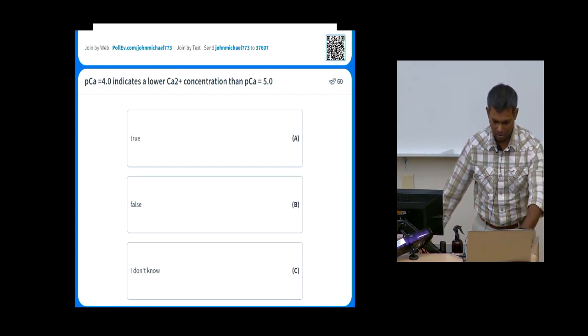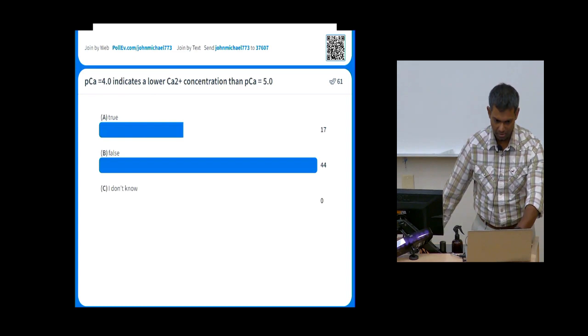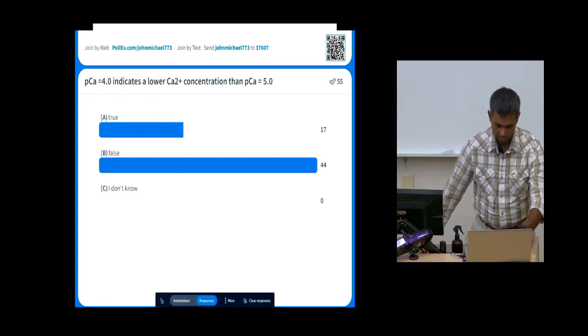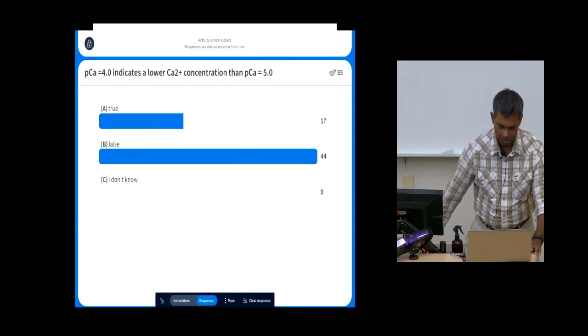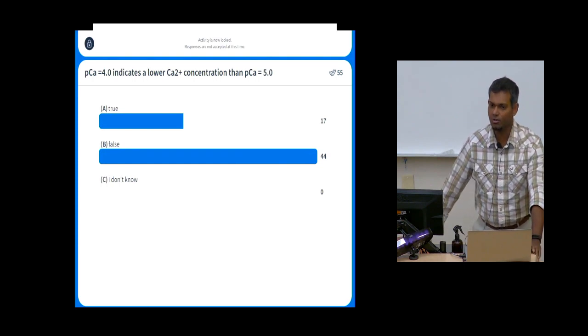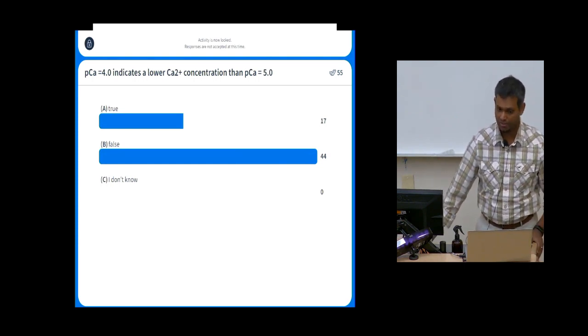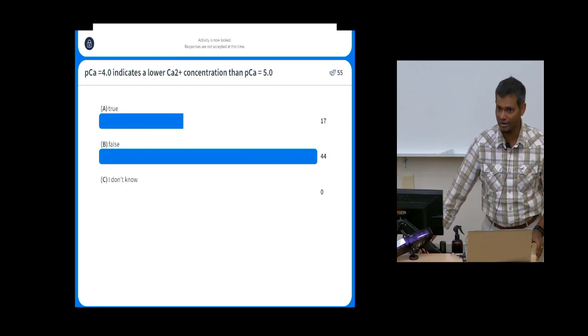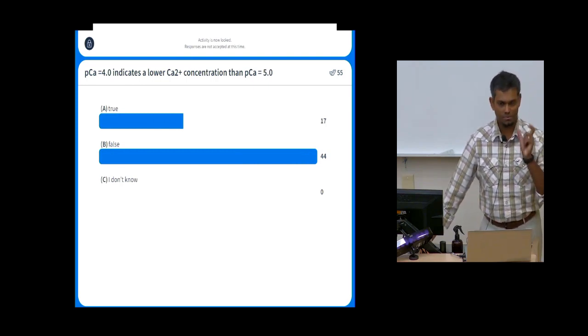Okay, we have a lot of responses. Good. So most of you said false. So a pCa value of 4.0 is referring to a higher calcium concentration compared to a pCa value of 5, right? And what does the word pCa stand for?